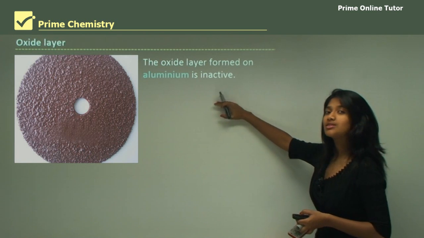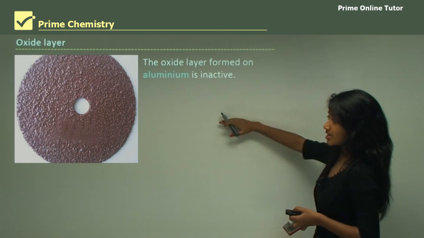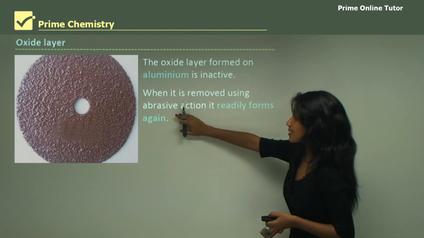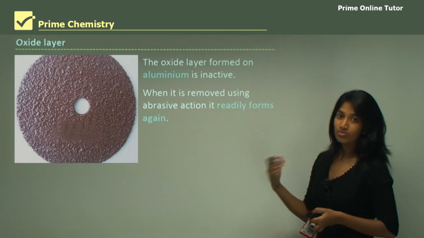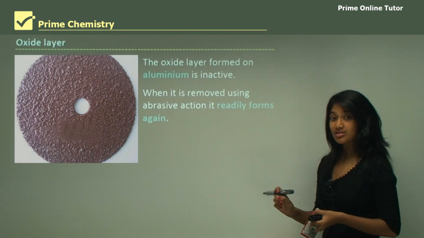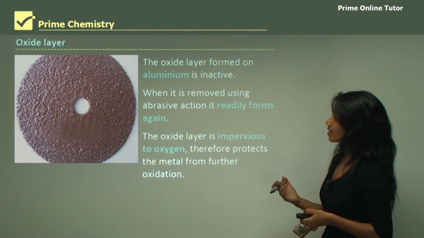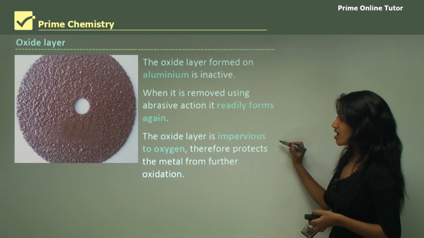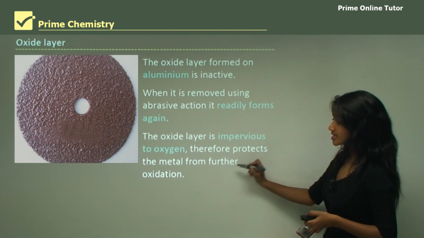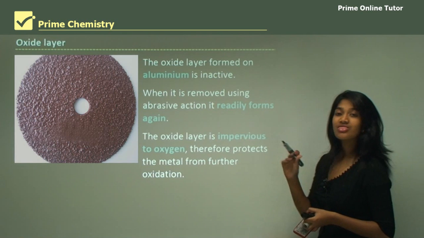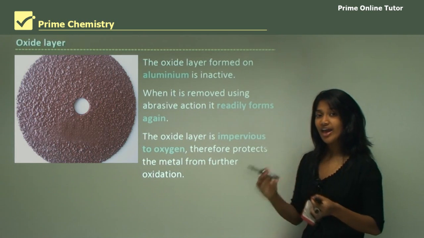The oxide layer formed on aluminium is inactive. When it is removed using abrasive action, it is readily formed again. The oxide layer is impervious to oxygen, and therefore protects the metal from further oxidization. In other words, this layer acts as a protective agent.